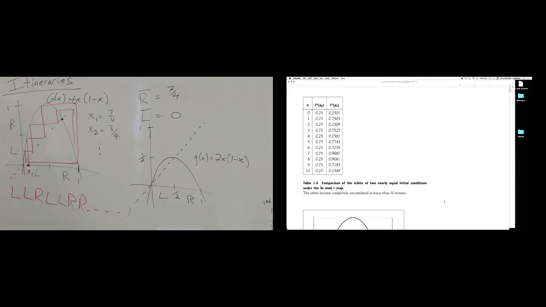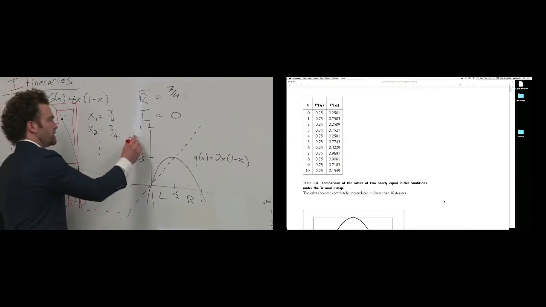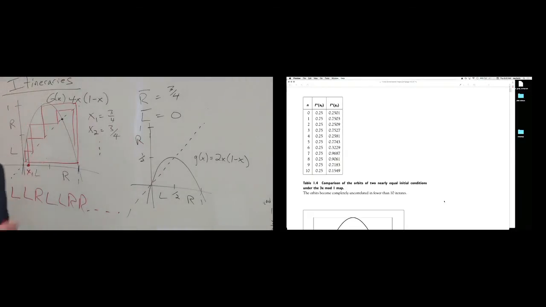Different story here. In this picture, am I allowed to map to points between 1/2 and 1? Does the function ever return a value above a half?